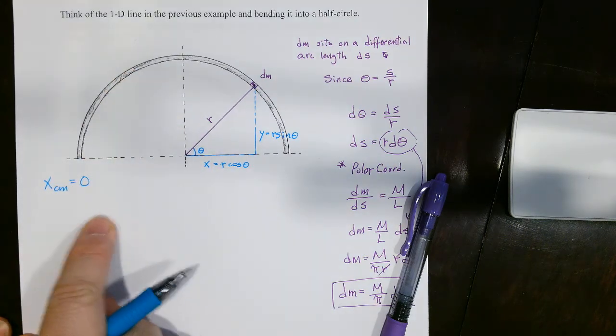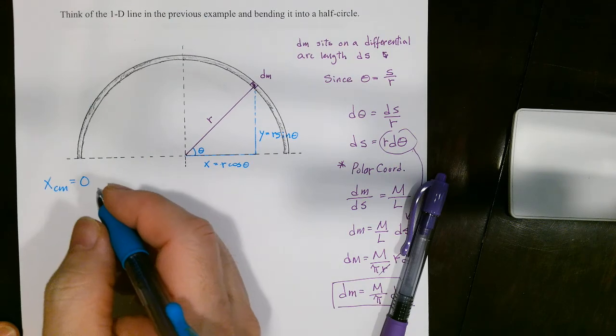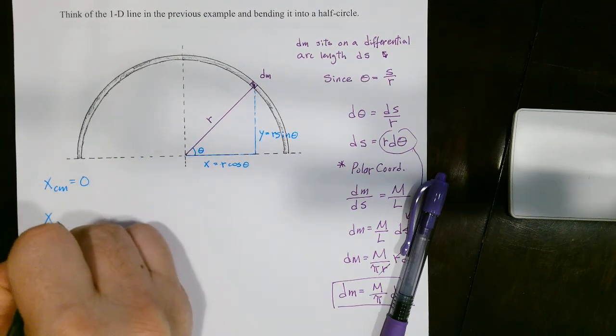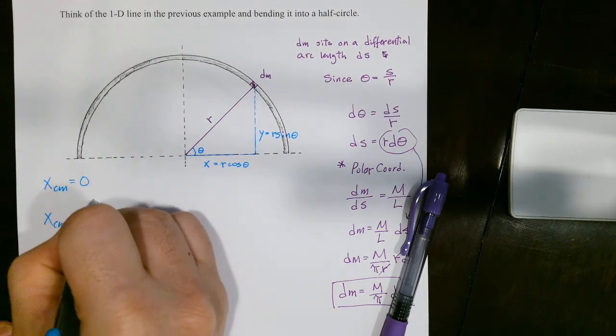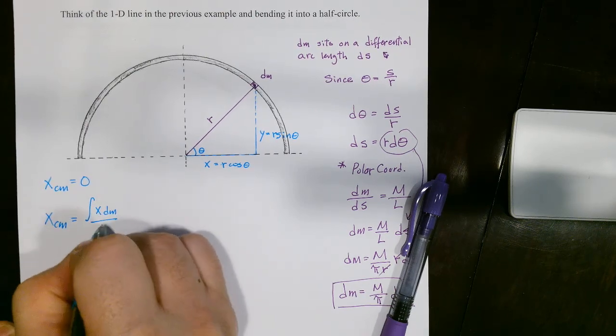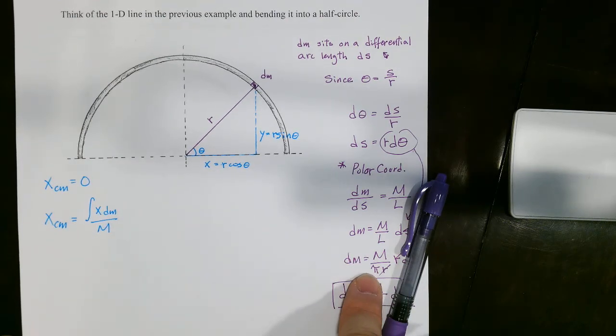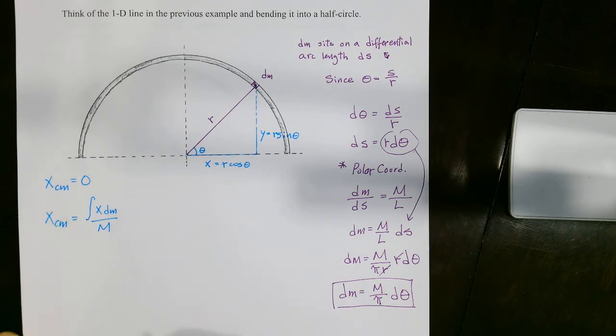If you want to give it a shot, you can, because x sub cm is still the integral of x dm over the total m, and you should be able to do the exact same thing and get that 0.